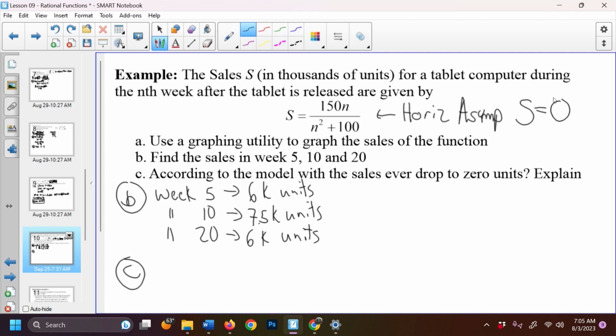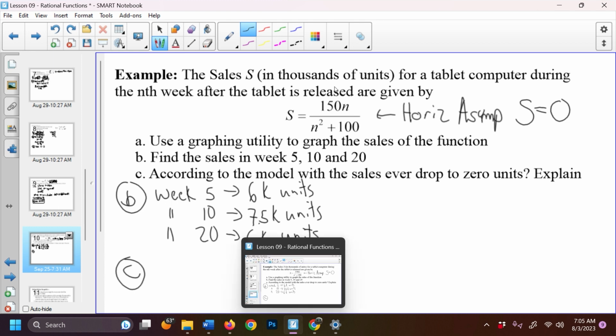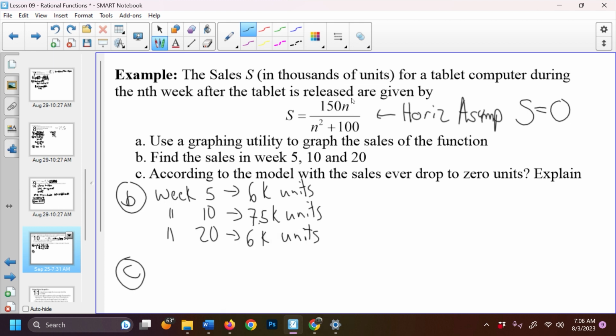I know that because the degree of the numerator is 1 and the degree of the denominator is 2. So this is going to shrink toward 0, but since it's an asymptote, it's never actually going to reach 0. But in the real world, they're eventually going to stop selling tablets once a new one comes out. So, according to the model, no.